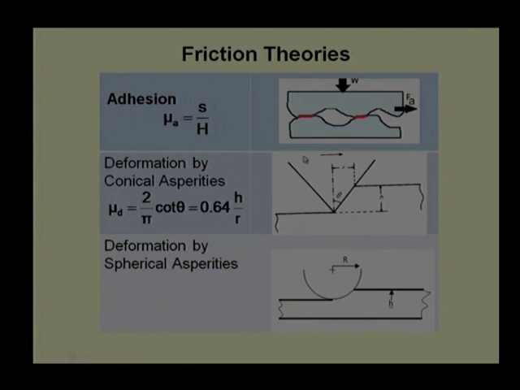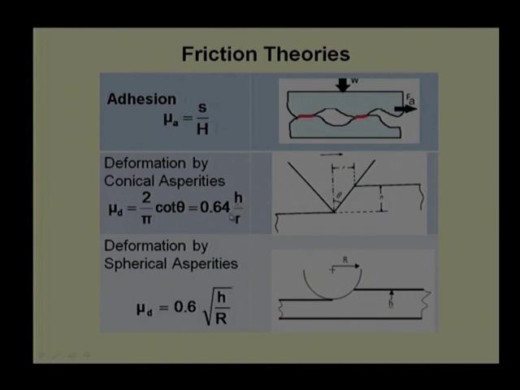This is more or less the same relation which we developed for spherical asperities. You see, mu d for spherical asperity was 0.6 square root of h by r. R is the radius of the spherical asperity. So, there is a lot of symmetry between the second relation and third relation.